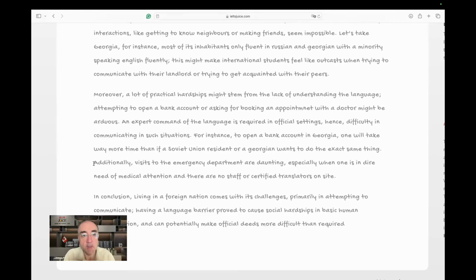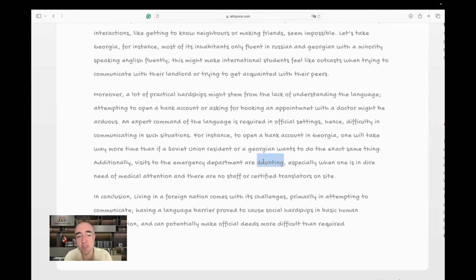Where was I? Additionally, visits to the emergency department. This refers to the second part after an appointment with a doctor, right? Smart. Visits to the emergency department are daunting. Wow, good word.